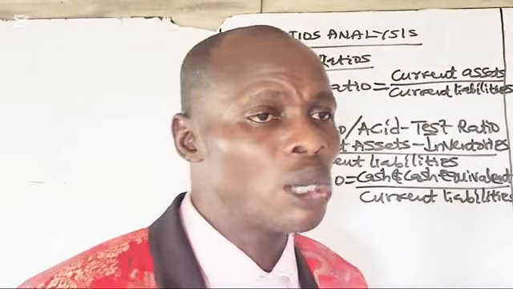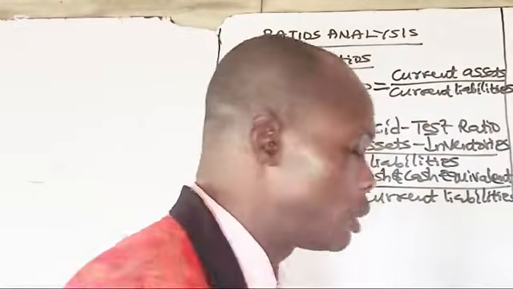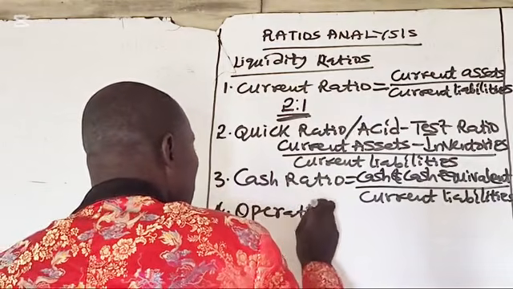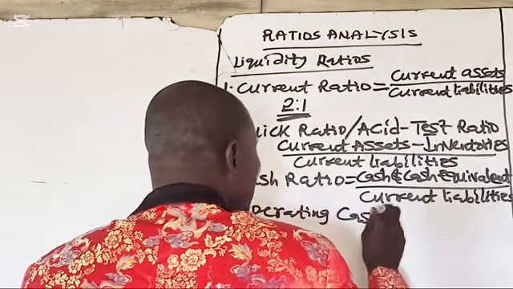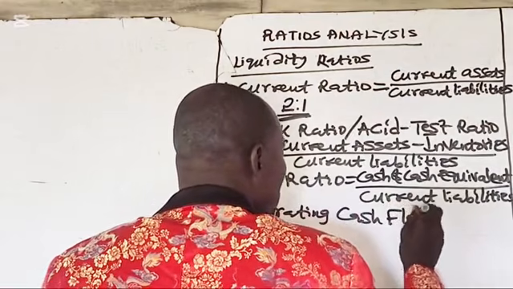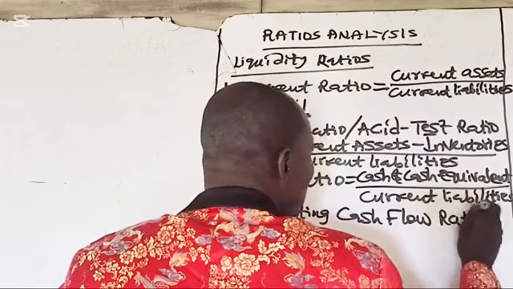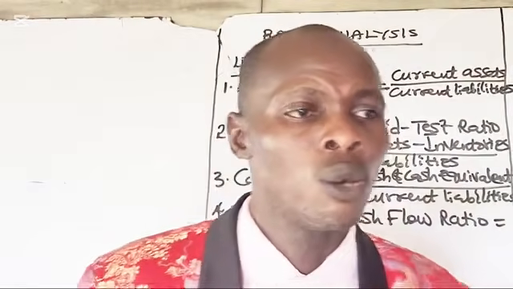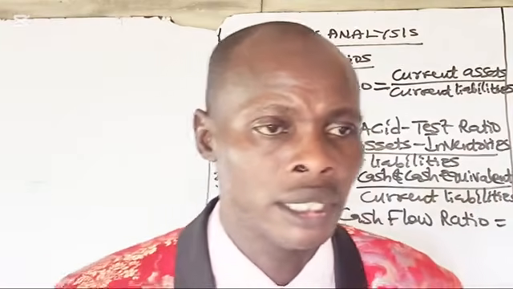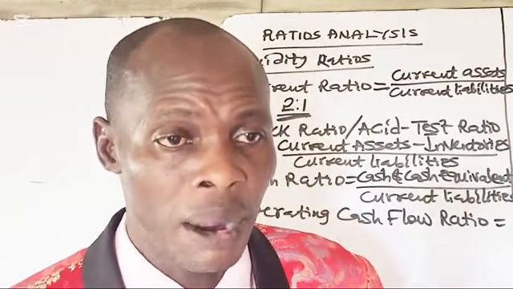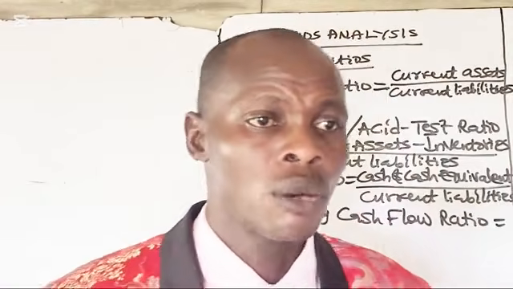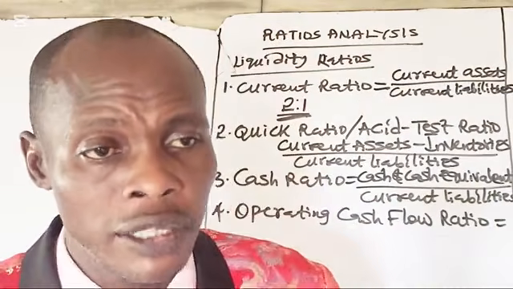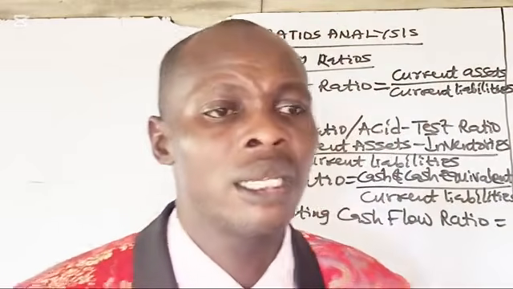And the fourth ratio I will examine is operating cash flow ratio. Operating cash flow ratio indicates whether a company can generate sufficient cash to cover its current liabilities.